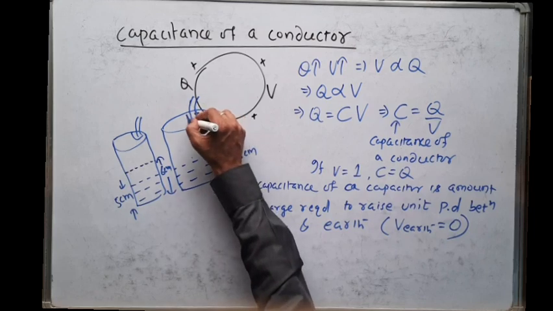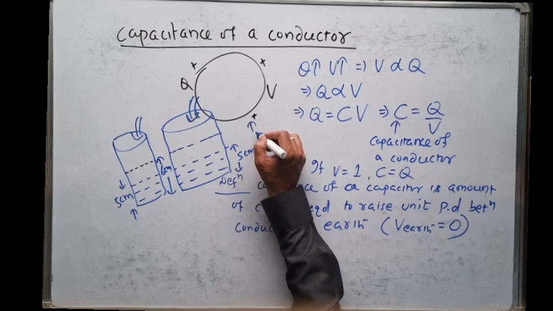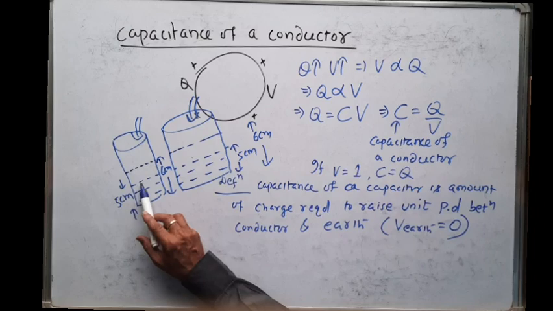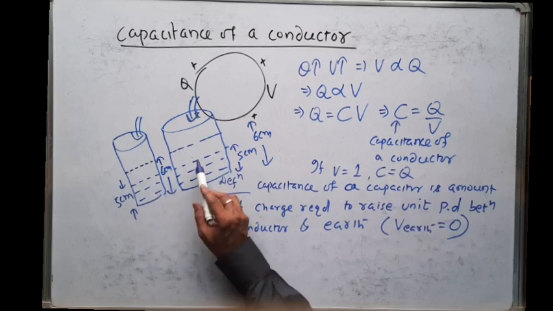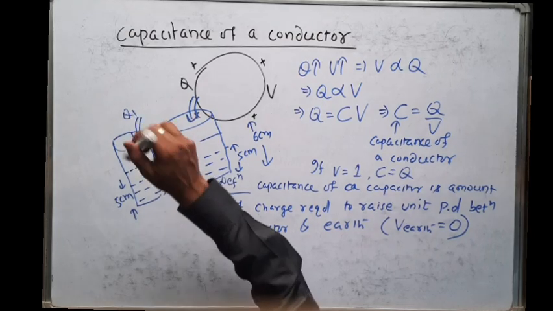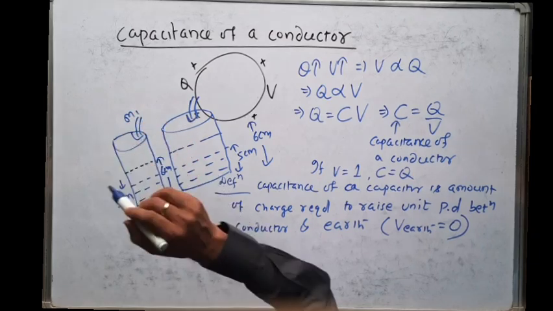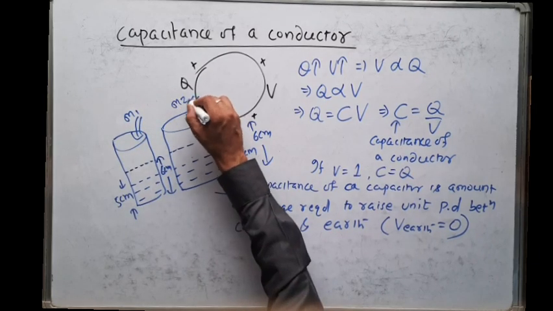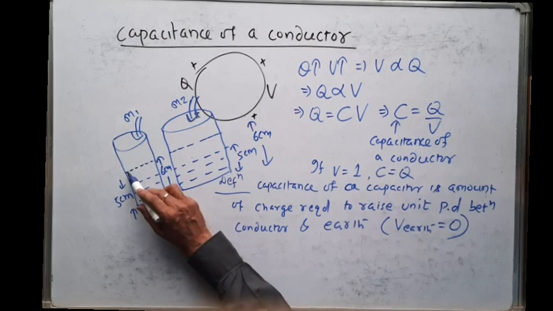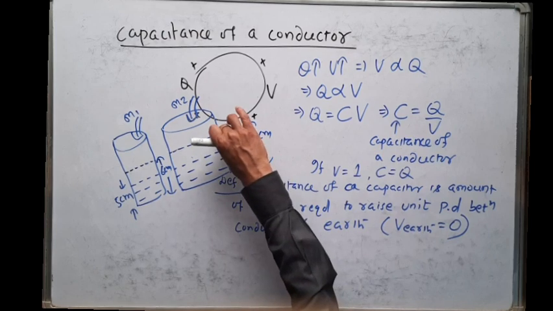Here I add M1 mass of water, and here I add M2 mass of water, but we are increasing the water level from 5 to 6 centimeter in both cases. That means we are increasing the water level by what height?